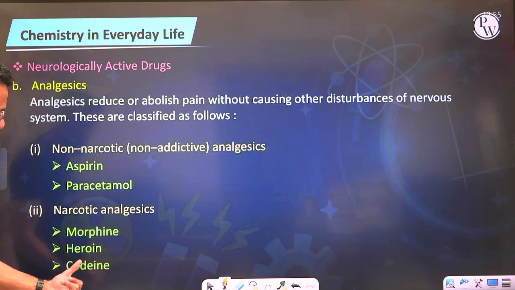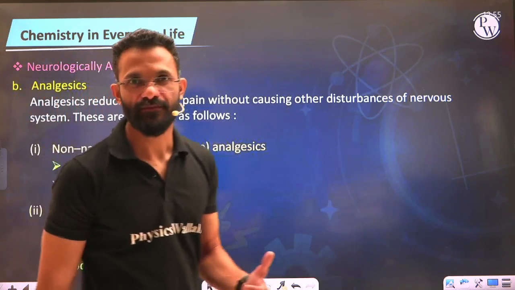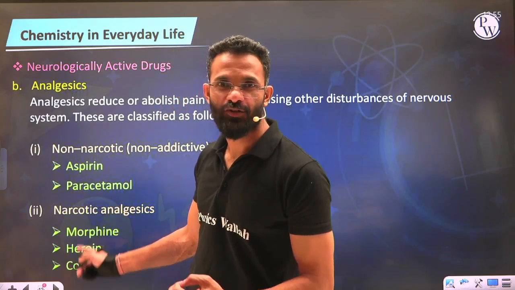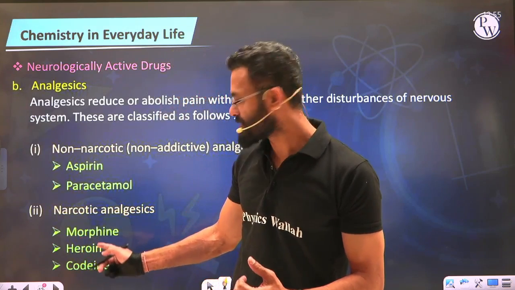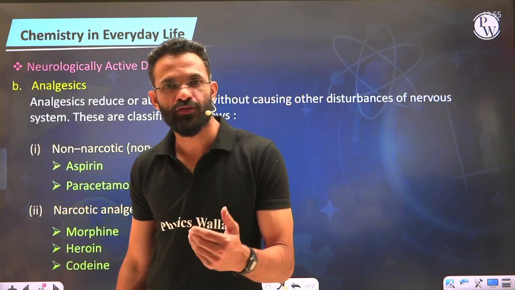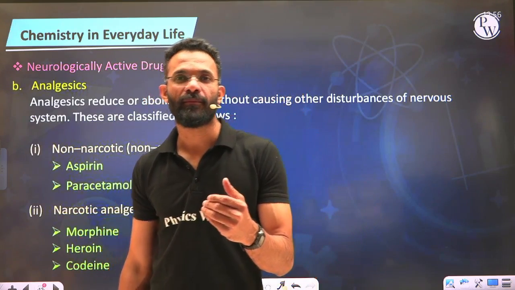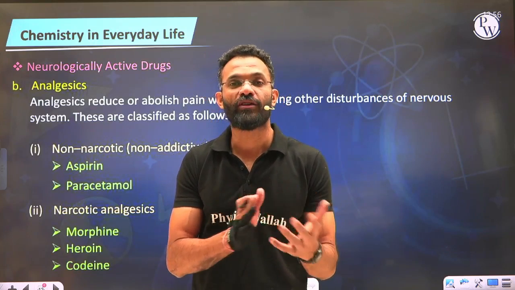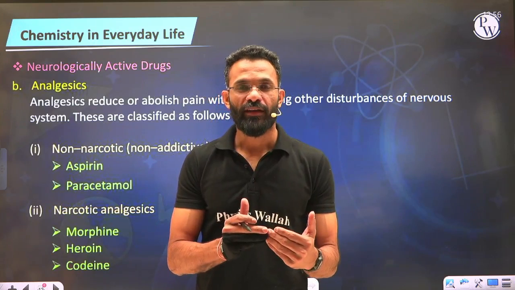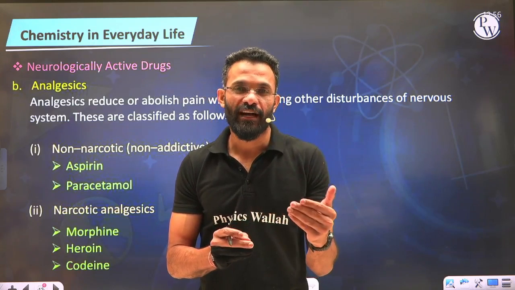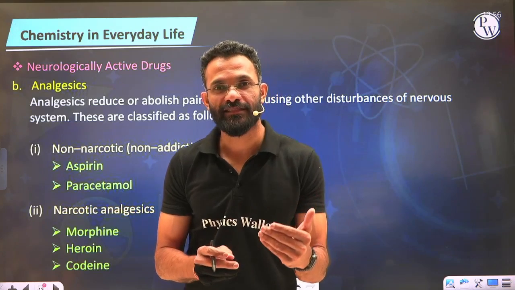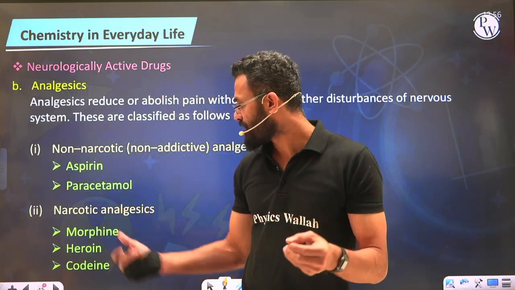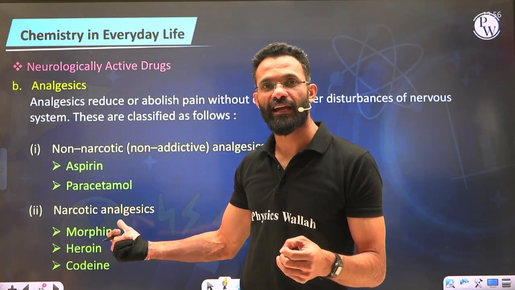Morphine, heroin and codeine. Well guys, these are high potency analgesics or painkillers, and hence these are used for treating the pain a person experiences when they have undergone surgery. After surgery the pain that person experiences is enormous, so to subside that pain, the medicines given are of this category called narcotic analgesic.